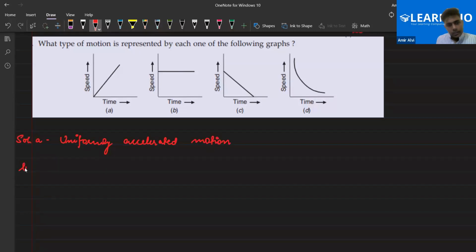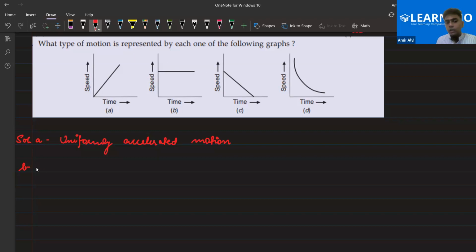Okay. Now let's understand the B part. What B part is saying. So you can see this thing, speed and time graph is there. This graph is basically parallel to the time axis. It means that time is passing, but the speed is not changing. Speed will change when the values of this line change. But the value of this line is fixed. It means that with time, speed is not changing.